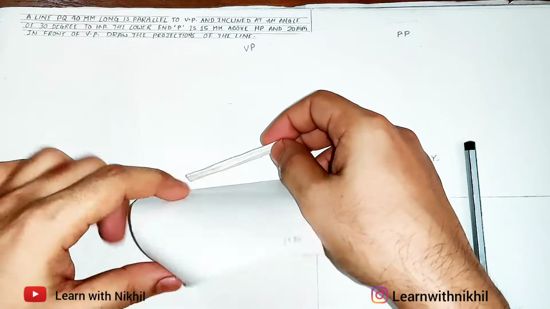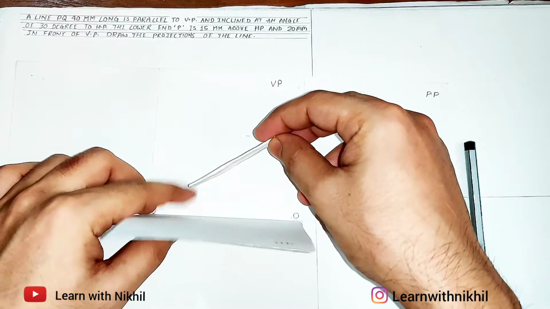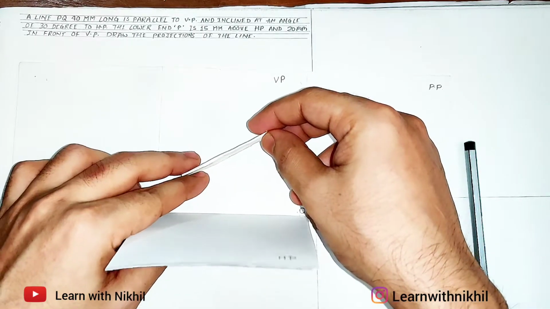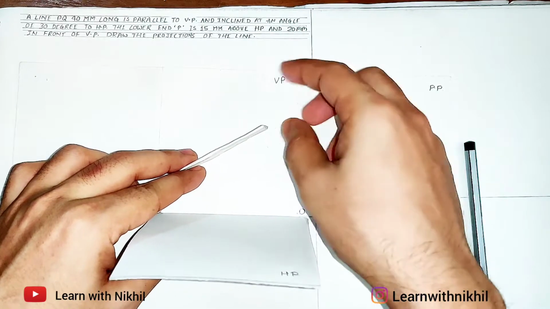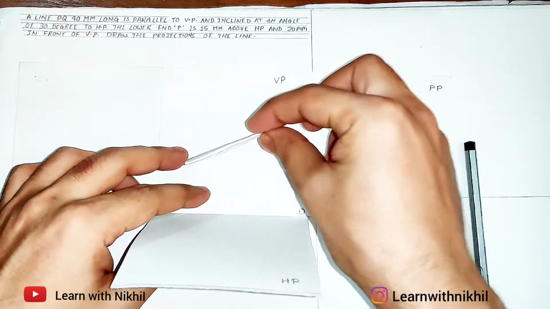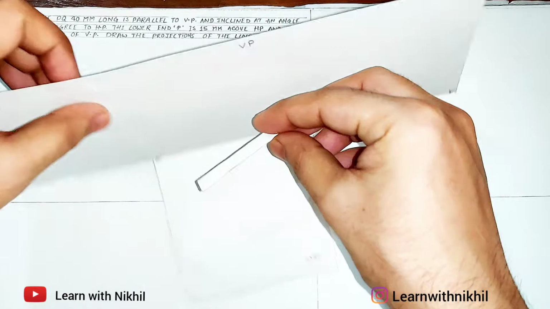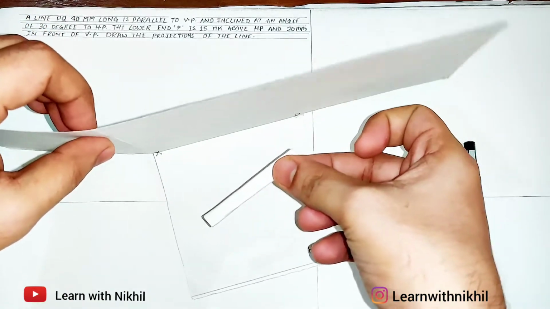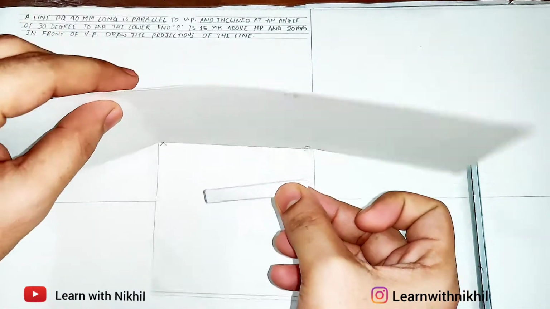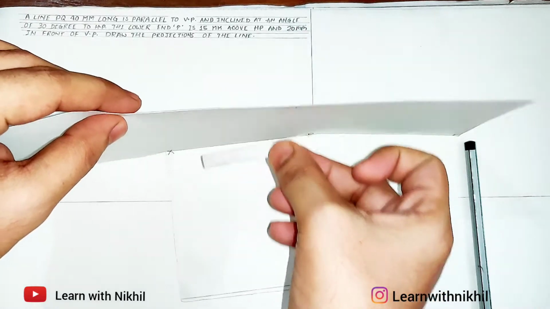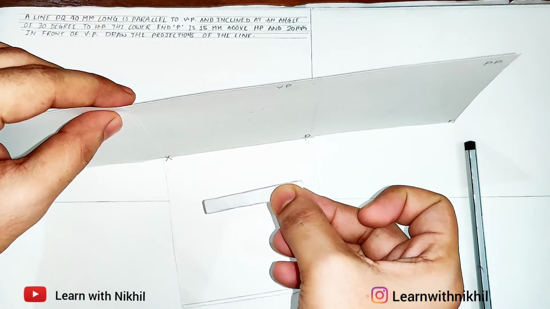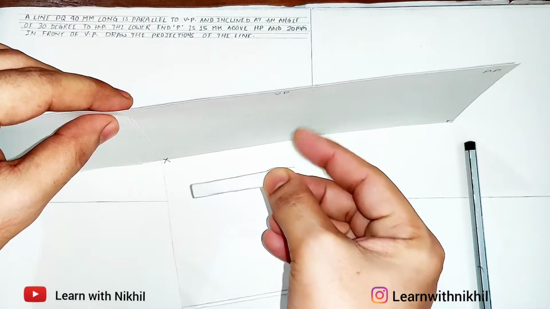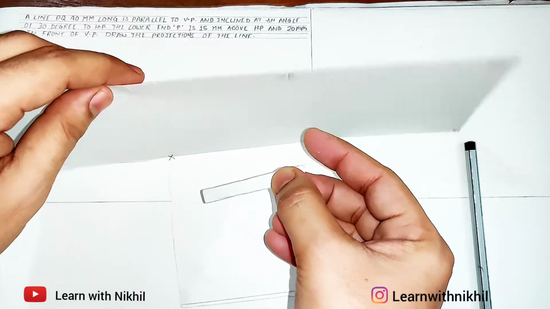From the front view, this distance is 15 and the 20 mm distance will be visible from the top view, so it is in front of VP. So this is how the line is inclined to horizontal plane and this distance will be 20 mm.